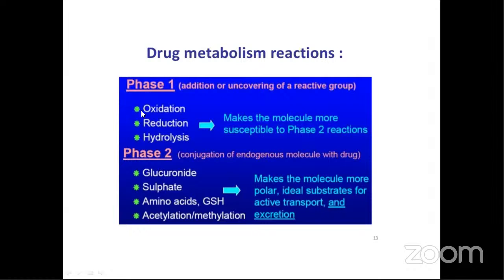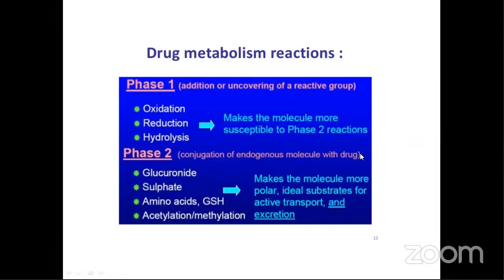Any reactive or functional group may be added or removed, which is called uncovering. This makes the molecule more susceptible to phase 2. After oxidation, reduction or hydrolysis, they can go for the conjugation process, which is phase 2.